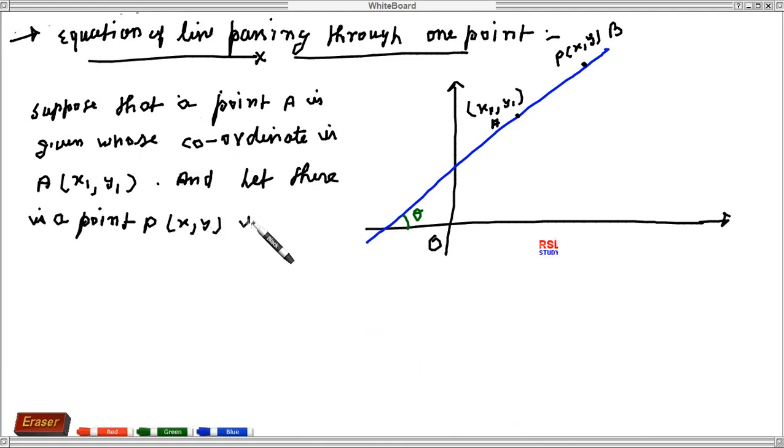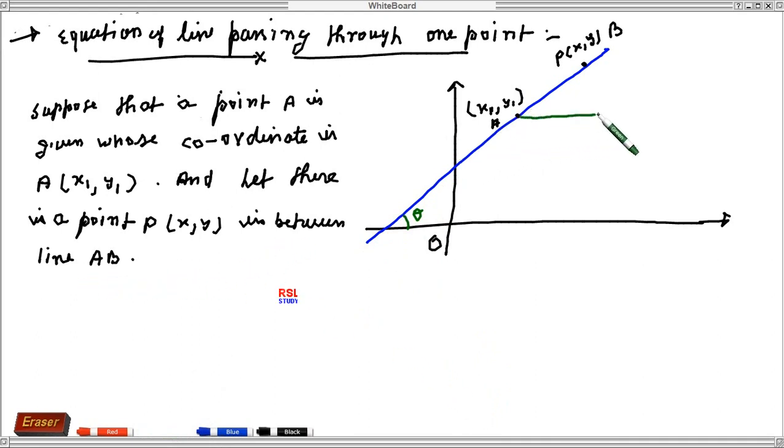Let there be a point P, x comma y. Note that AB is a line which is making angle theta with the x-axis, and in between on line AB there is a point P, x comma y.